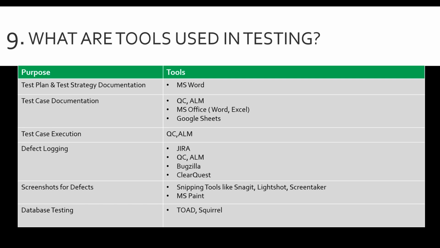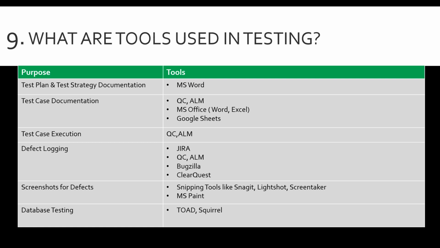And then the test case documentation, the test case which we discussed, is done using QC or ALM. So these are the tools used. If there's no tool used, then it will be just MS Office, which is Excel, and then Google Sheets if the company doesn't use Office and just wants to use the Google Suite.